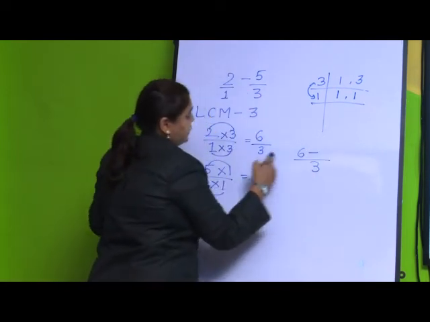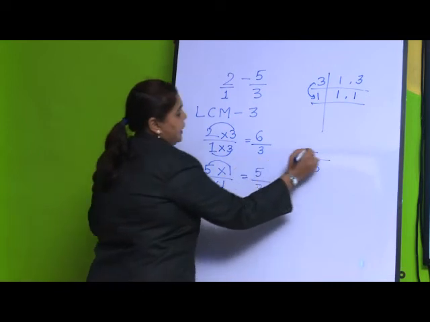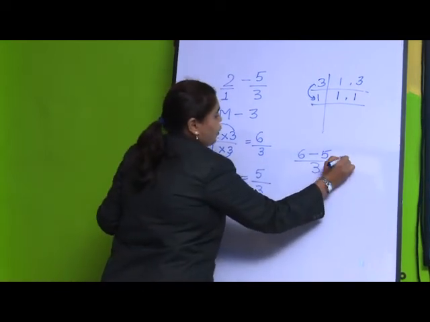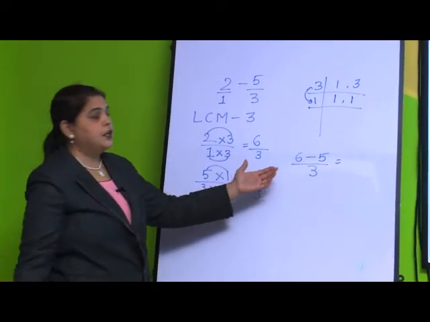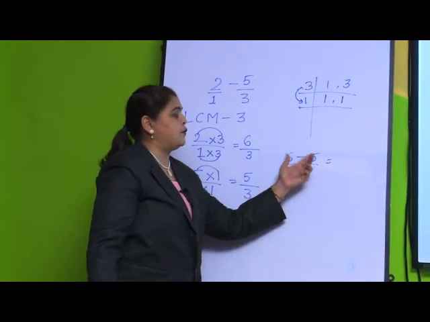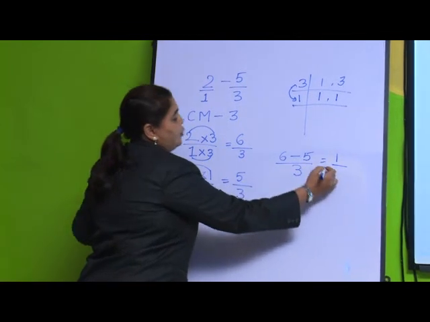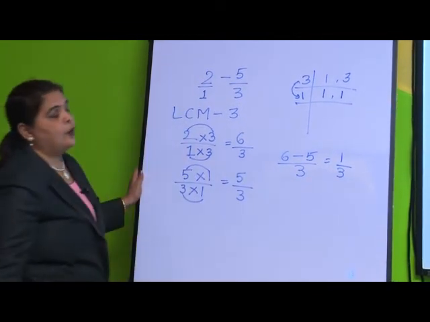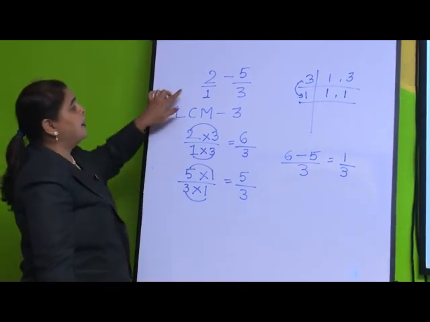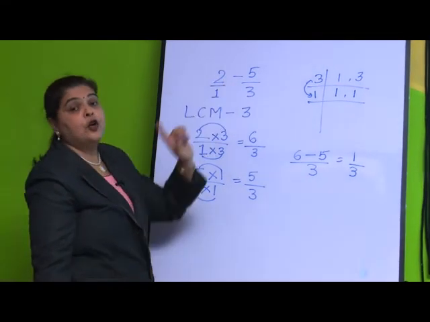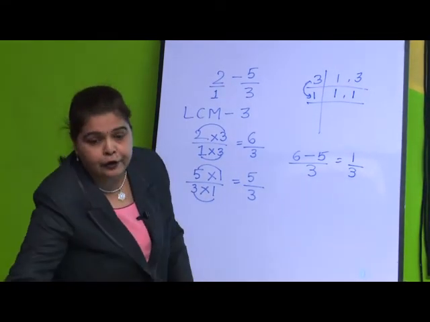So, I will write minus and the other fraction I got is 5. So, what will be the answer? Yes, it is very easy. It is 6 minus 5 is 1, and the denominator is the same, you have to write it here, it is 1 upon 3. This is what we have done with subtraction of a fraction from a whole number.